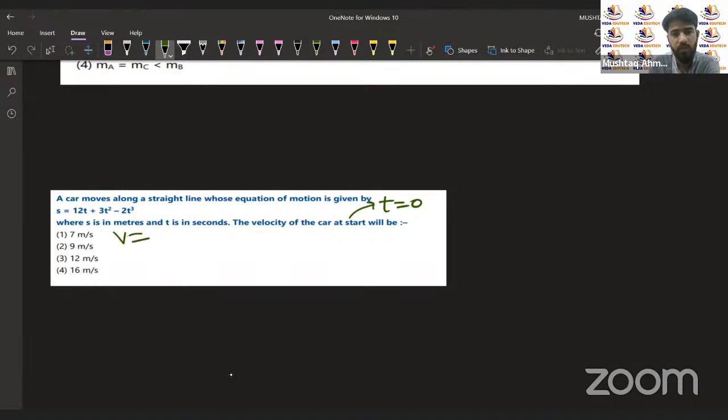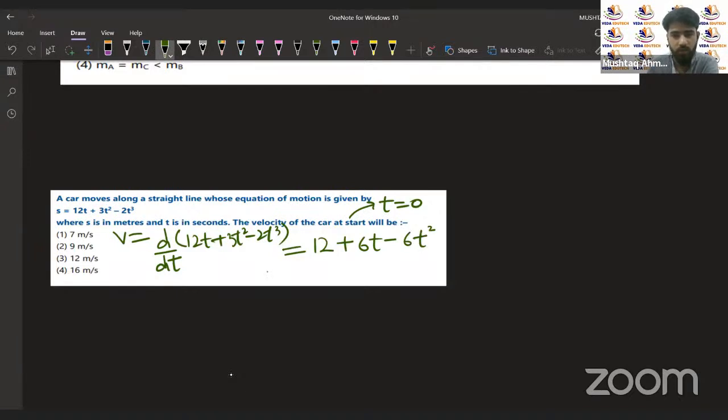What we'll do is take the first derivative of this displacement as a function of time, that's given as 12t plus 3t square minus 2t cube. So it will be nothing but 12 plus 6t, and minus 6t square, right?